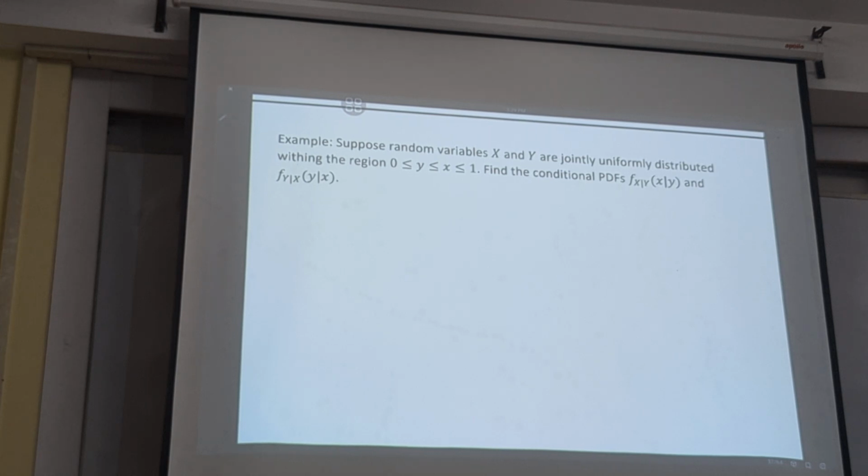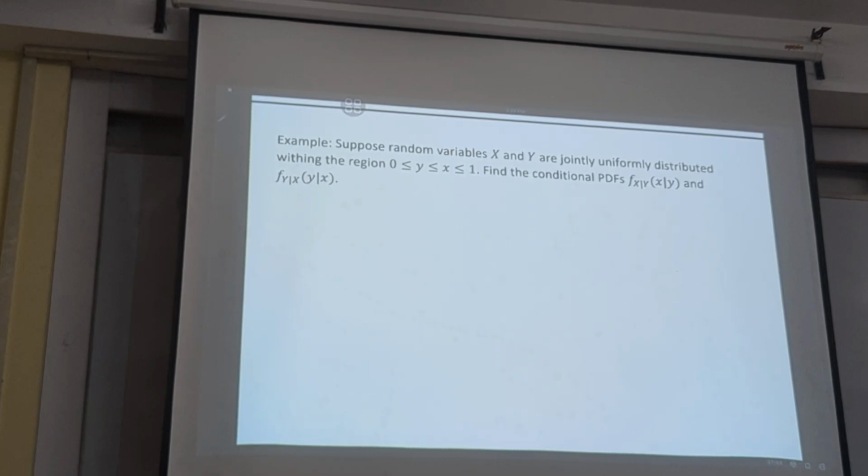Why is it? Because these two random variables are uniformly distributed in an area, in a region, defined by this. We have seen this many times, right? x and y are within 0 to 1, but y is always less than x. So we are considering a triangle that is below the line y equals x.